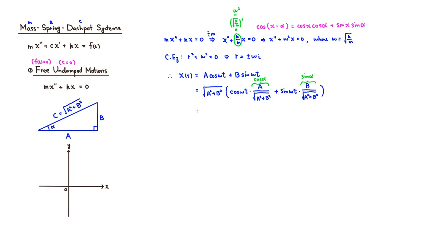To make it look nicer, I'm going to call the square root of a squared plus b squared C. So we can rewrite this as C times cosine of omega t minus alpha.